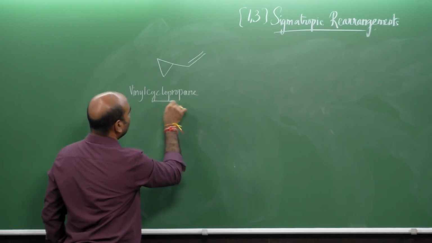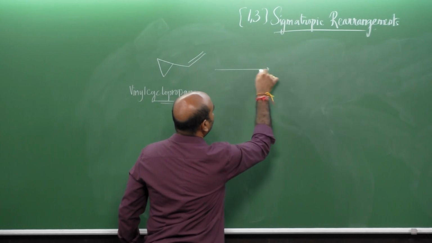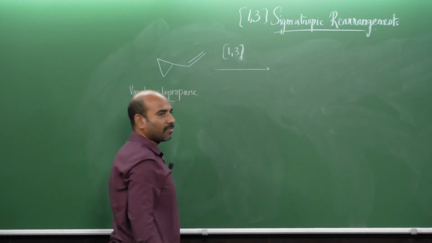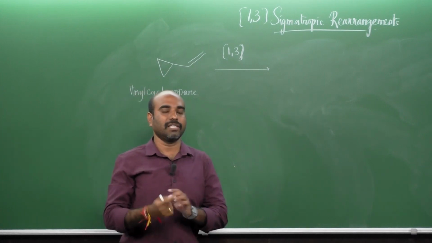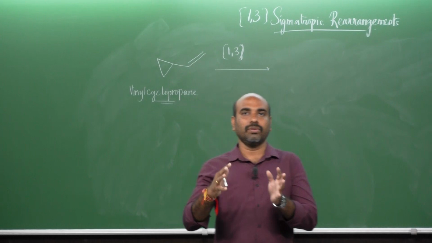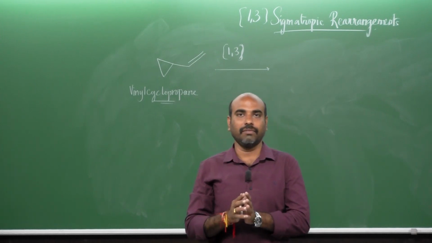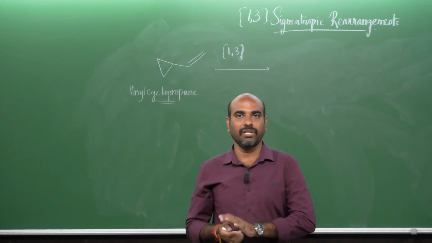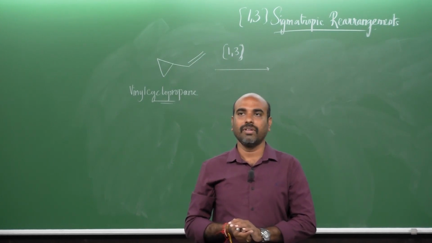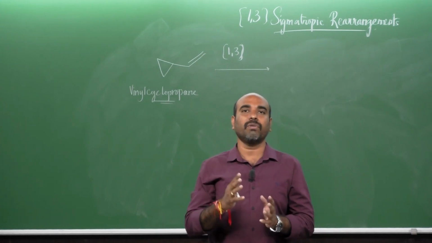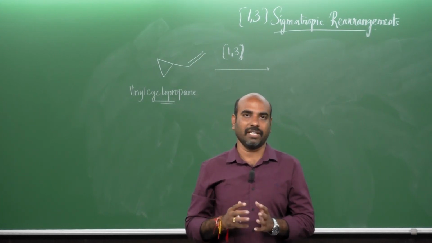So, vinyl cyclopropane can undergo a 1,3 sigmatropic shift. But the problem is, the reaction has to proceed via a cyclic transition state. The cyclic transition state here involves a 4-membered ring system.